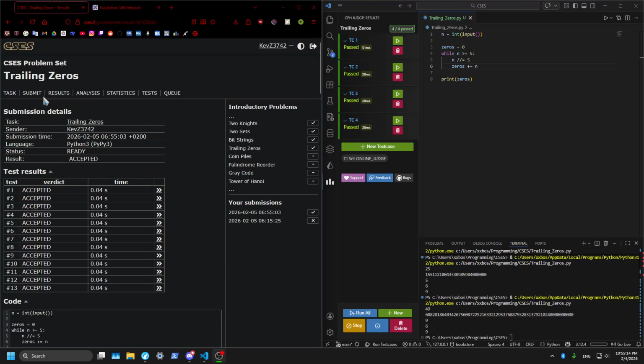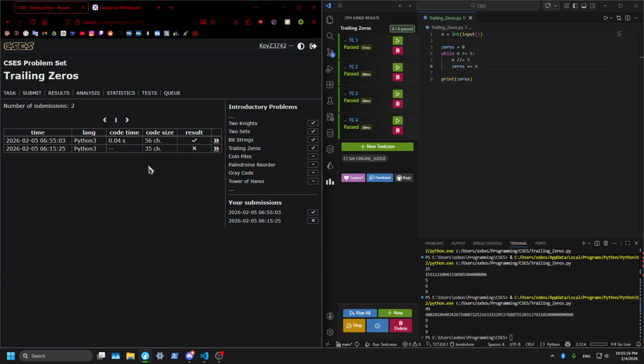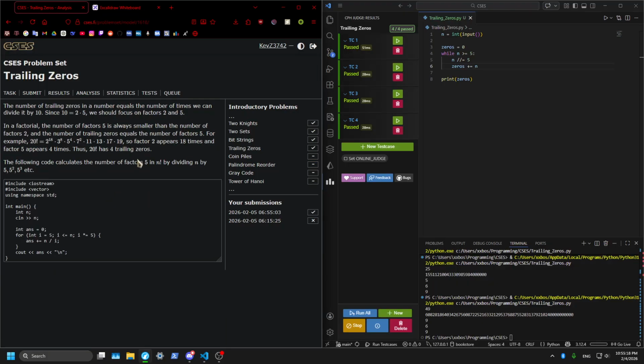47-minute problem. I didn't think it was going to be that difficult, but the number of trailing zeros in a number equals the number of times we can divide by 10. Since 10 equals 2 times 5, we can focus on factors of 2 and 5 in the factorial. Number of 5s is always smaller than number of 2s.